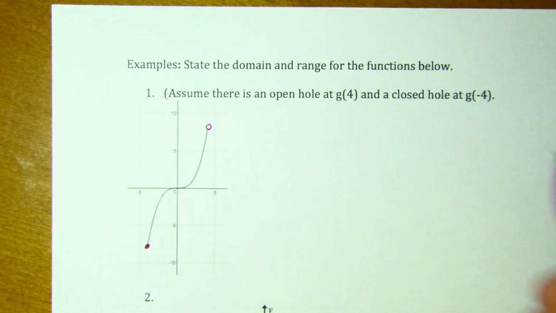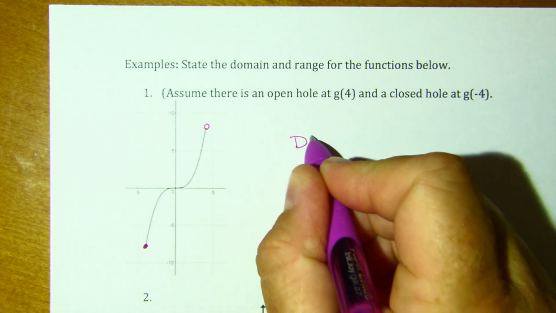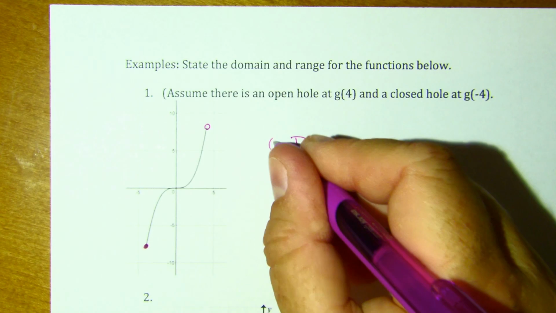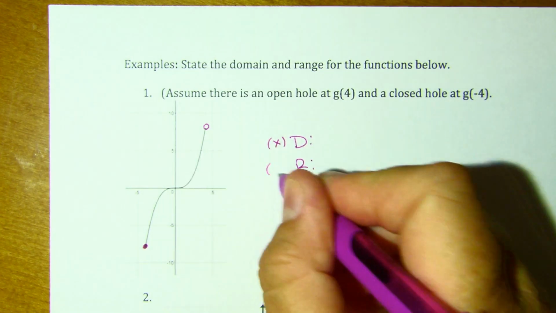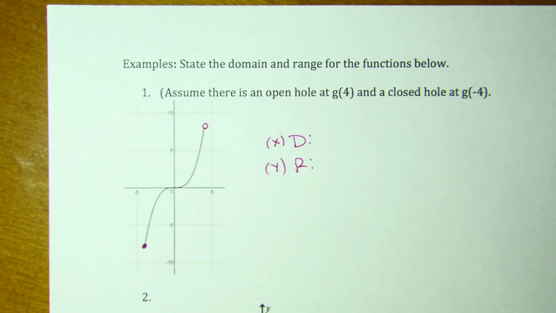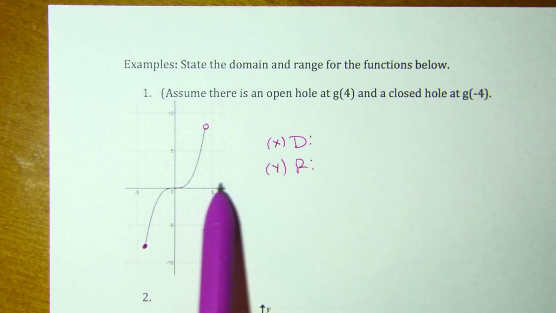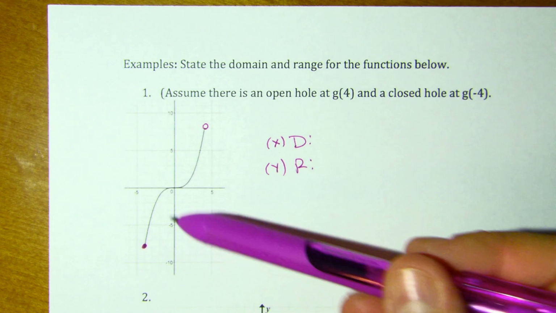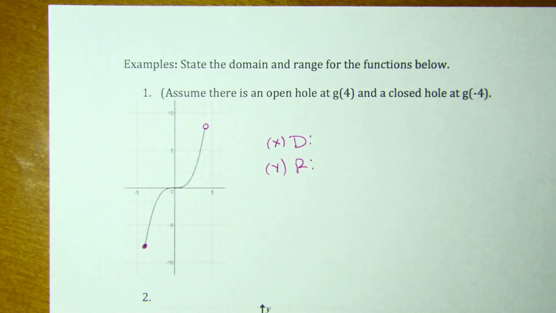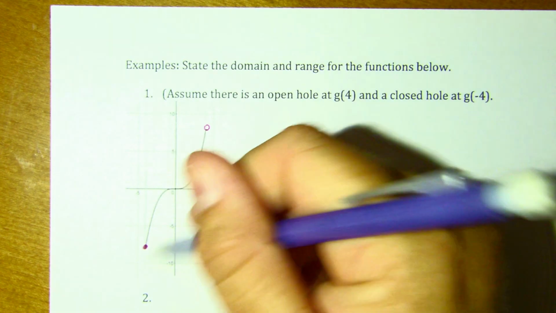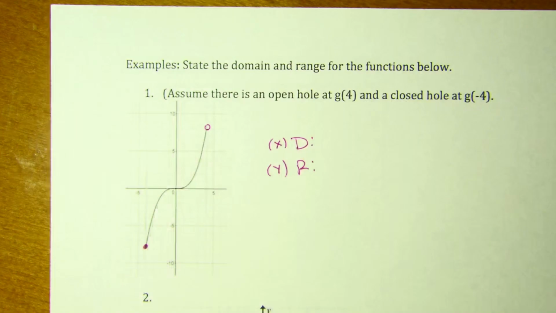And when I'm stating my domain and range, looking at my domain, again, you should be thinking x values. For a range, you want to be thinking y values, the output. And so for my x values, if you look at your x-axis here, this function goes from negative 4 all the way to positive 4.